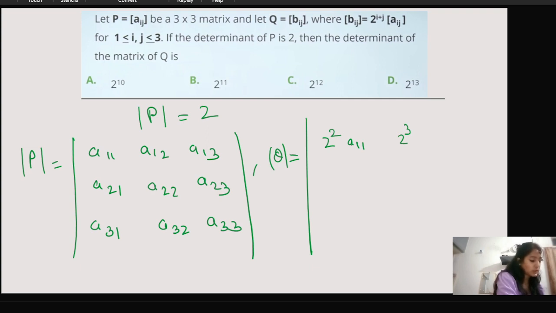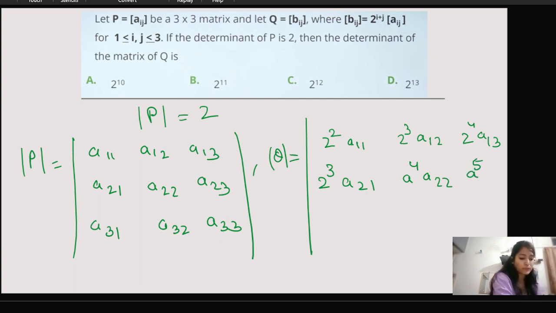So from here we are getting A12, and then here 2 to the 4, A13, from here 2 cube, A21, 2 to the 4, A22.